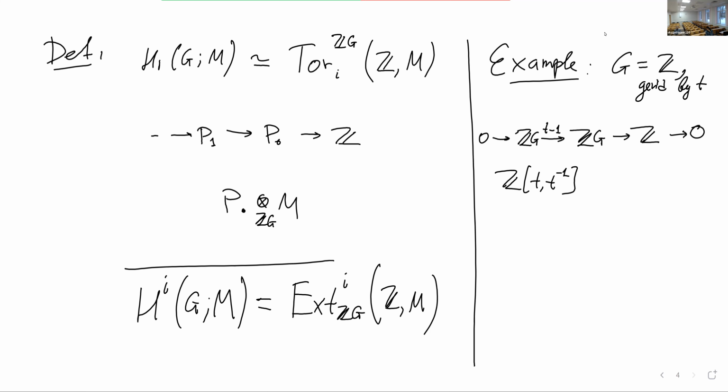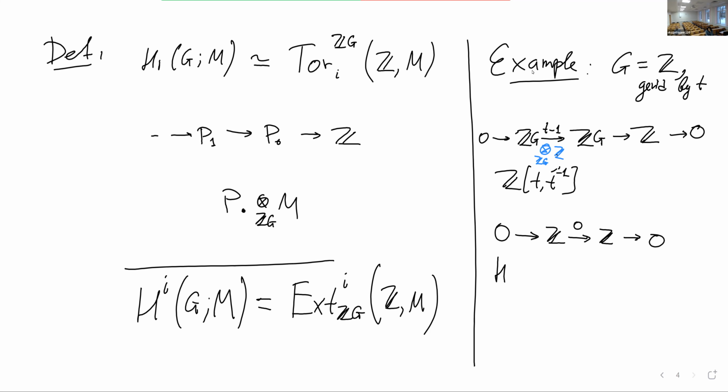What I want to do is just take the tensor over ZG with Z, and we consider this Z as... G acts trivially on this Z. So what we'll get after taking coinvariants is just this.